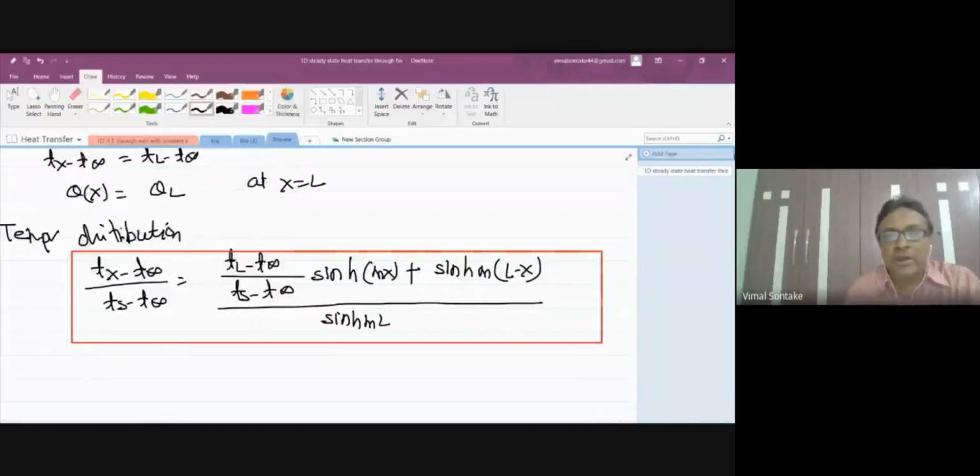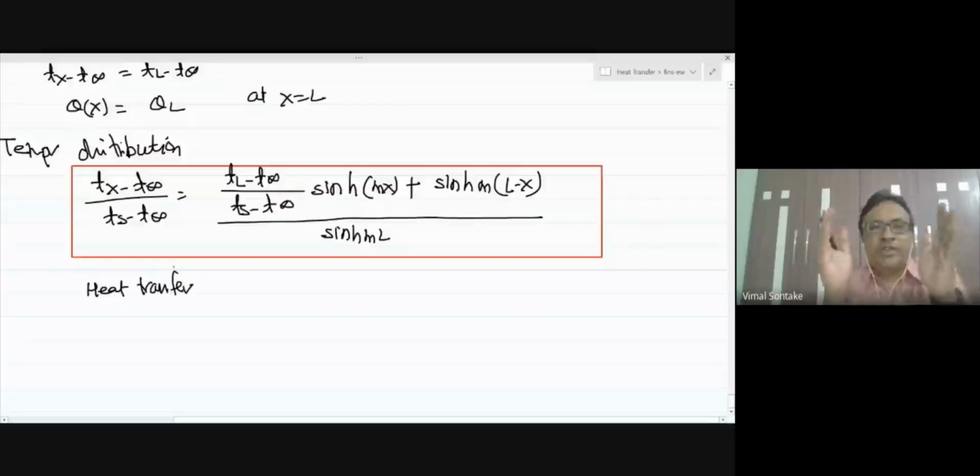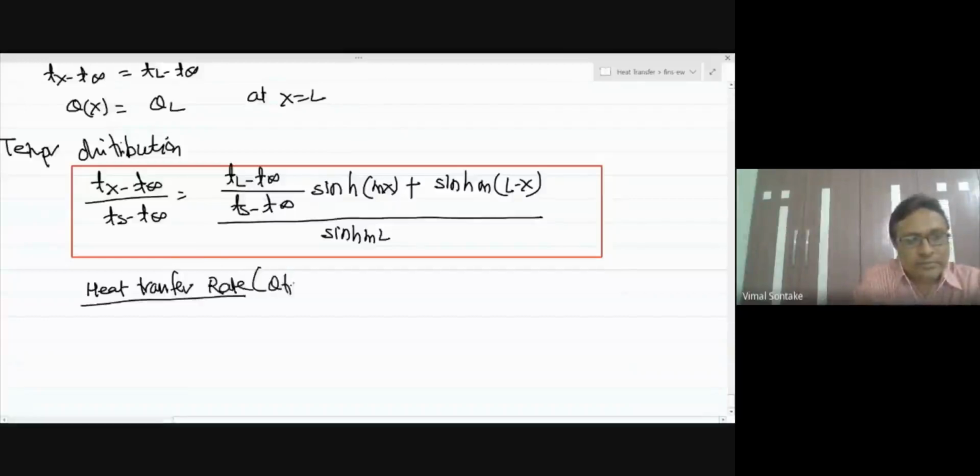Similarly, I can find out the heat transfer rate, that is, if the fin is connected to two different sources, one at a higher temperature with respect to the other, how the heat transfer rate will take place through the fin. We are interested in that equation. Again, I am writing this equation directly, and it is given in the data book.